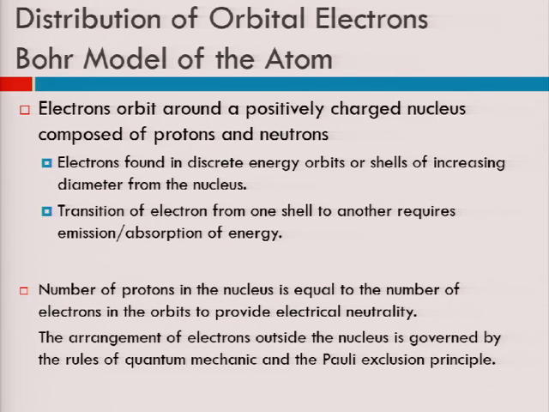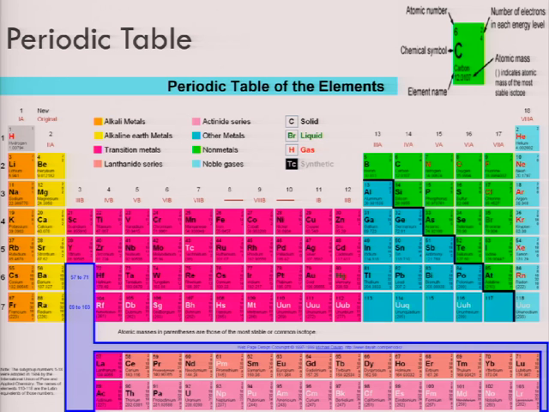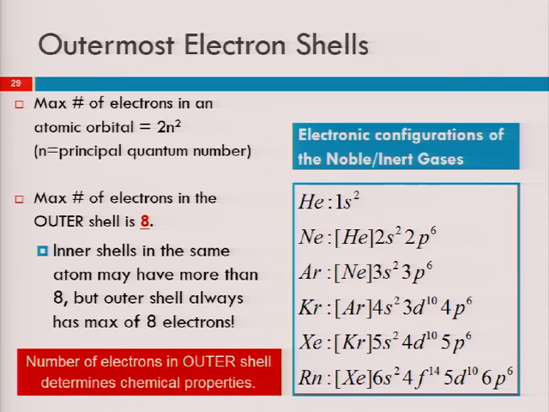I want to talk a little bit about the number of electrons in the outer shell, right? In the outer shell, the maximum number of electrons is 8, and that's because you have those S and P orbitals. But the total maximum number of electrons in any orbital is 2n squared.